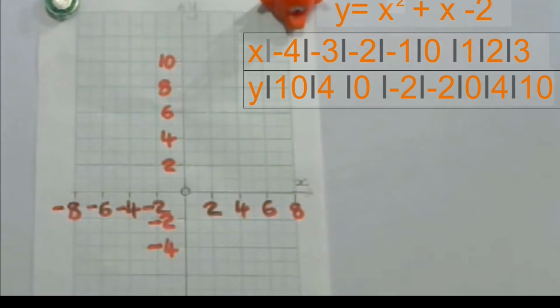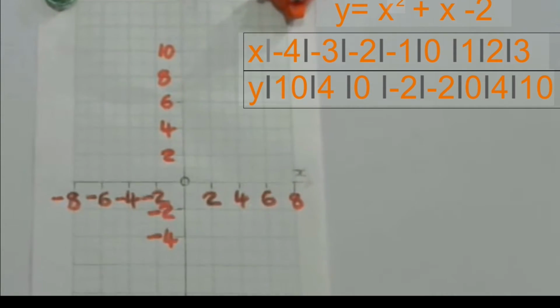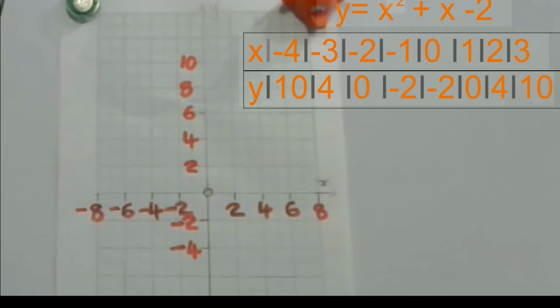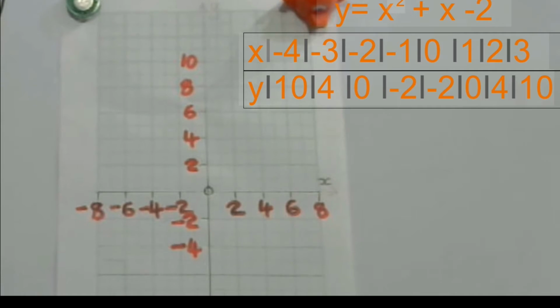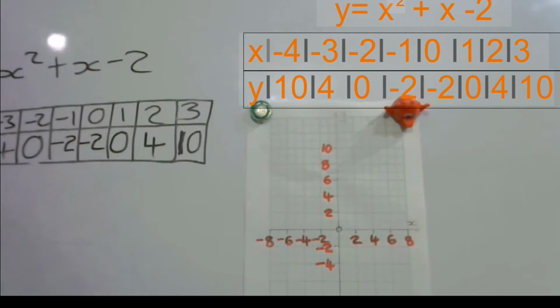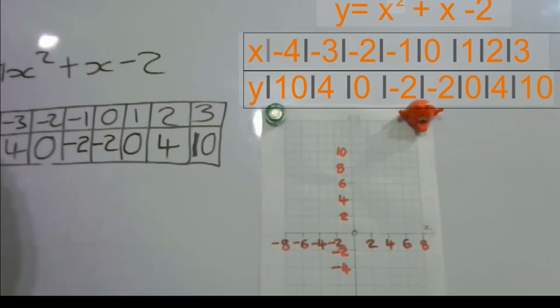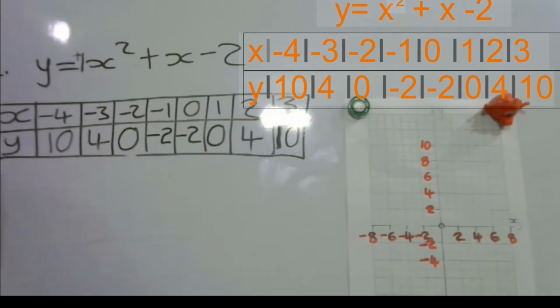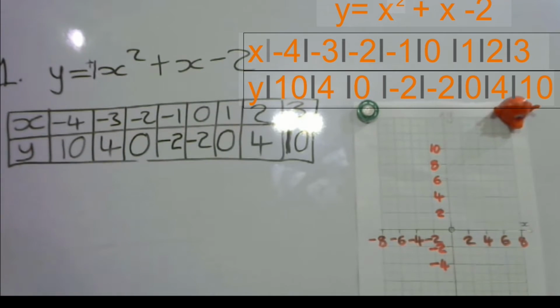All right, so now we've got our first coordinate. It's negative 4, 10.